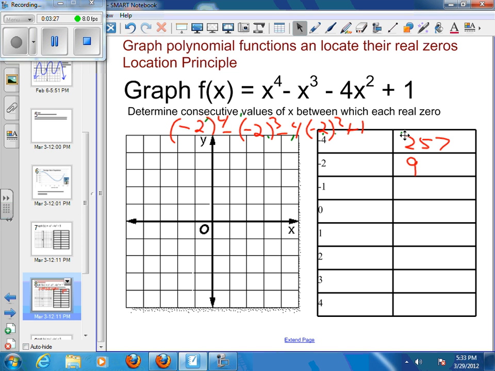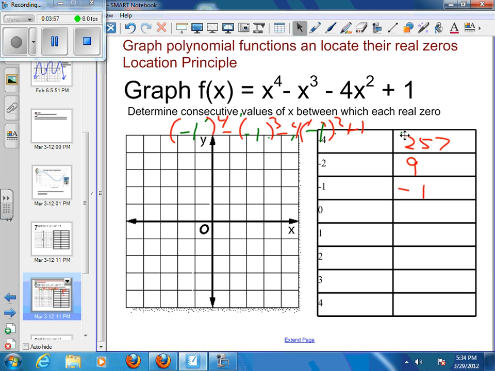The next one I'm going to do with -1. So it's -1 to the 4th power minus -1 to the 3rd power minus 4 times -1 squared plus 1. And when I do that, I end up with a value of -1.